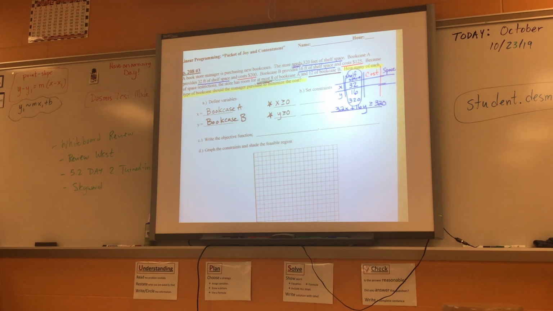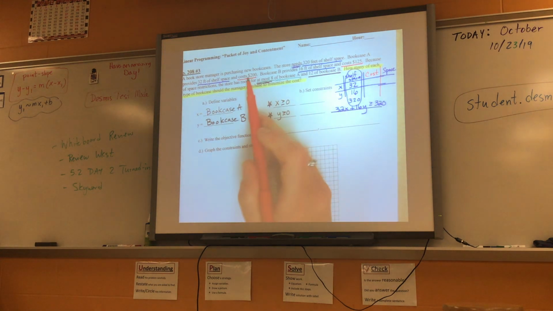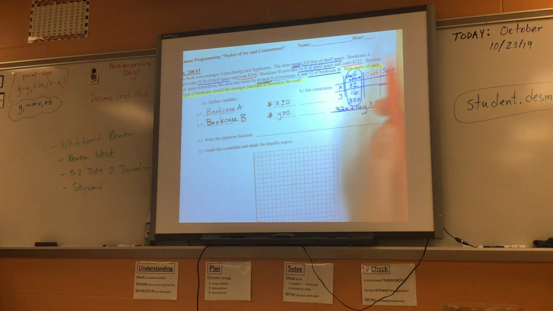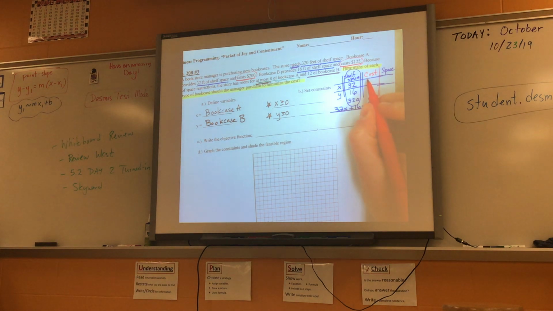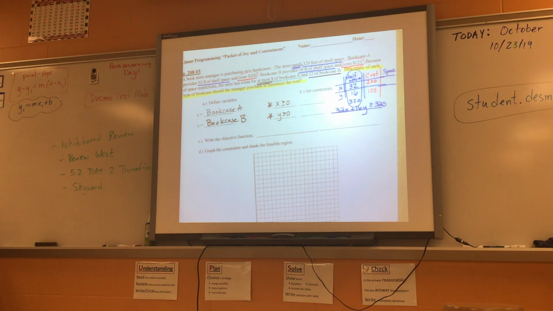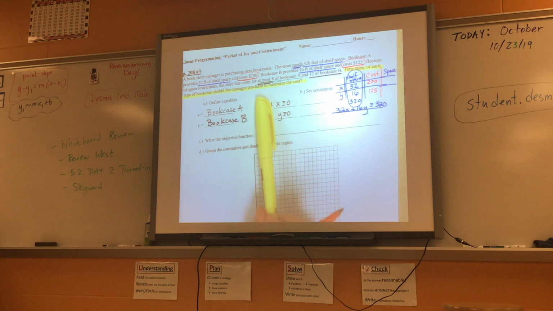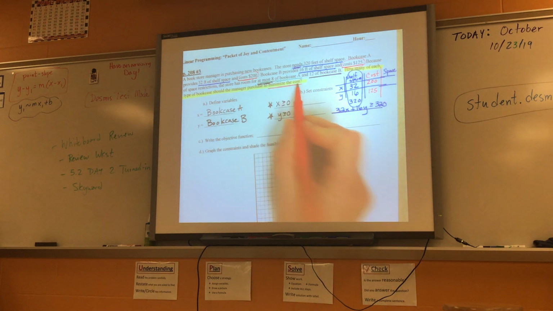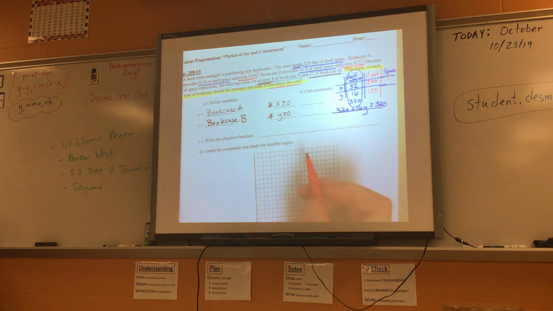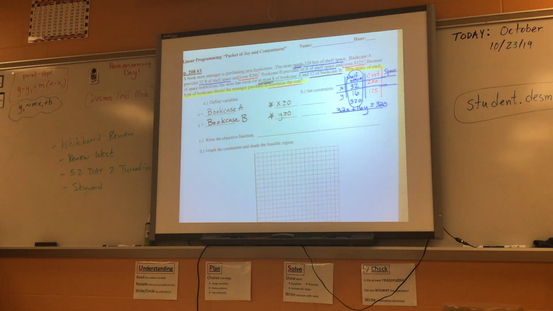All right, the next one we're going to talk about is cost. Cost is 200 and cost is 125. It costs us 200 to order bookcase A, and 125 for bookcase B. Now, what was the last sentence I highlighted? It says, how many of each bookcase should the manager purchase to minimize our cost? So minimizing cost is the goal of this problem, and that goes down here as the objective.